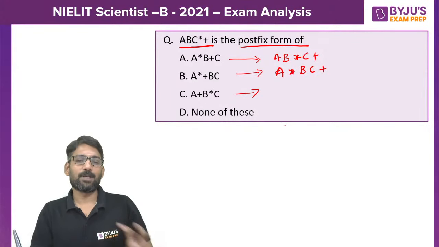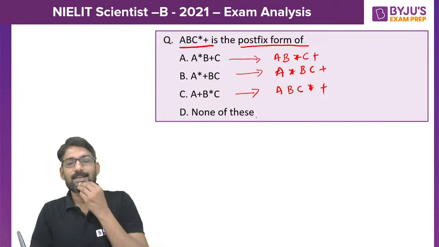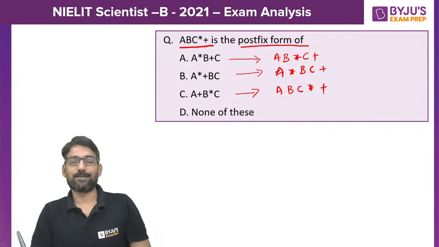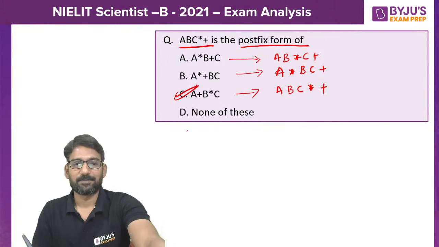And if you have got A plus B star C as infix, then what would be the postfix for it? ABC star plus. So which is the correct infix form for the given postfix? A plus B star C. Right?